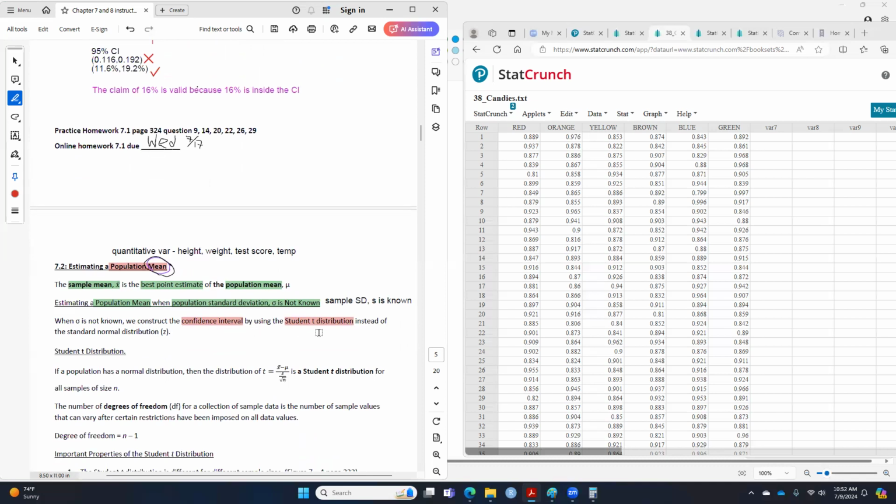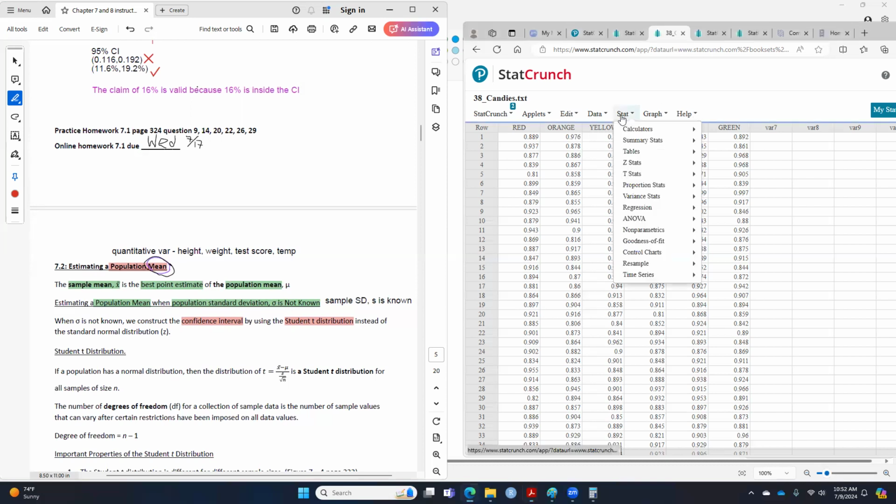Some of you ask me how many distributions we have in statistics. In the world of statistics, there are a lot of distributions. The most famous ones are the Z and the T that you learn here. We still have the binomial distribution that you learned in chapter 5, and there are so many more, like ANOVA and regression.